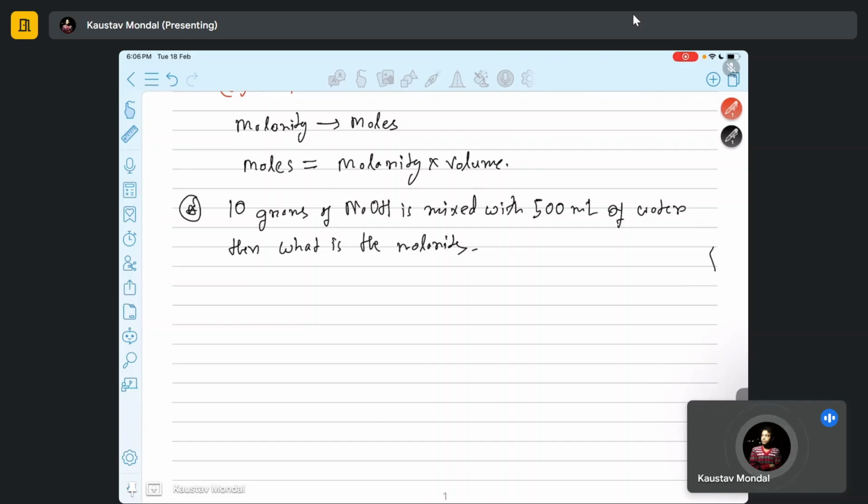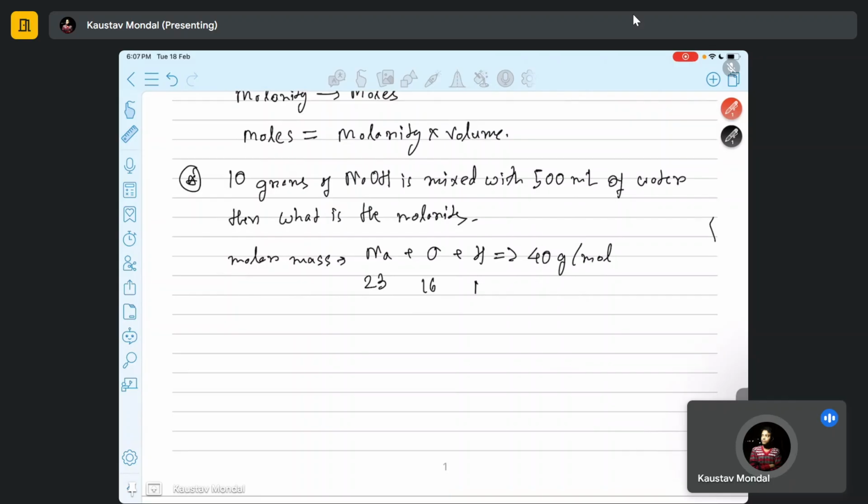For NaOH we know the molar mass is Na plus OH. Na molar mass is 23 and OH: O has 16 and H has 1. So total molar mass is 40 gram per mole. Okay.